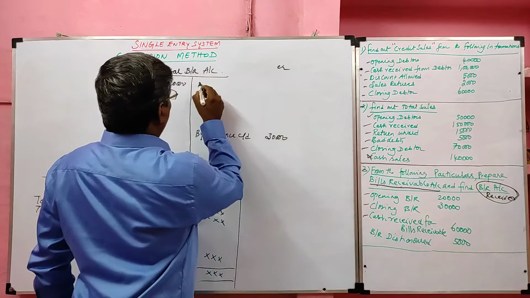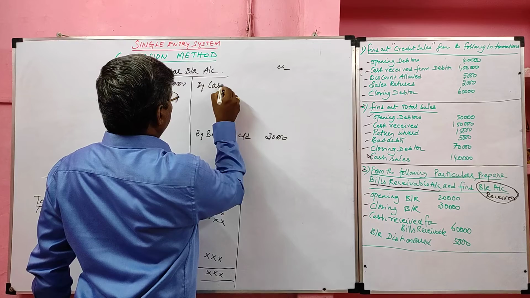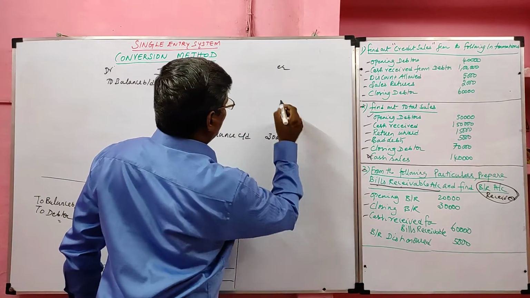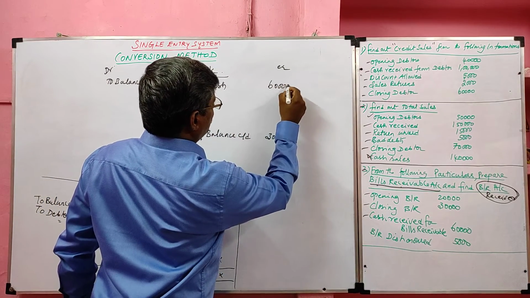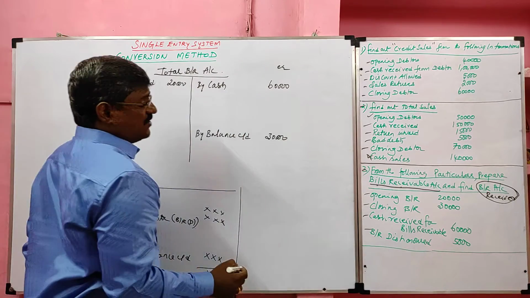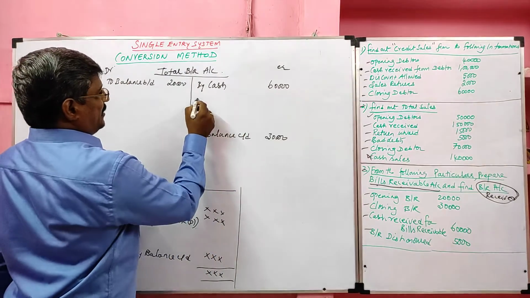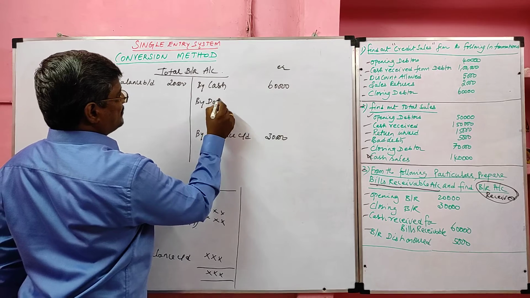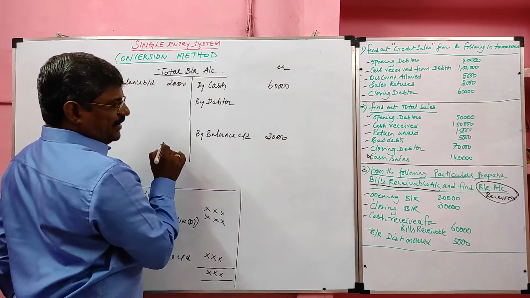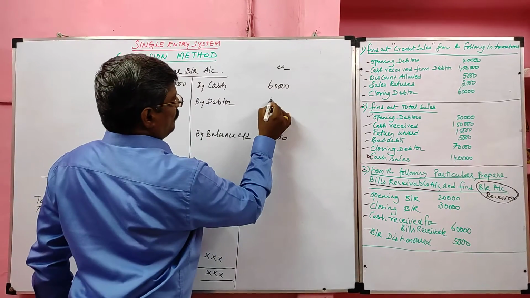Next, cash received on BR, by cash received on BR, 60,000. Next, BR dishonored. It will be on the credit side. We should write it as by debtor, 5,000.